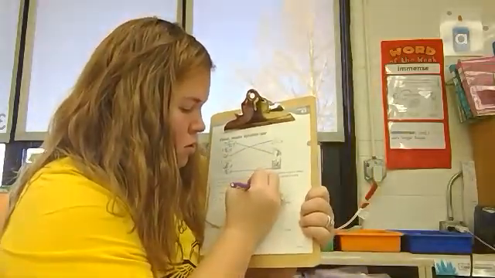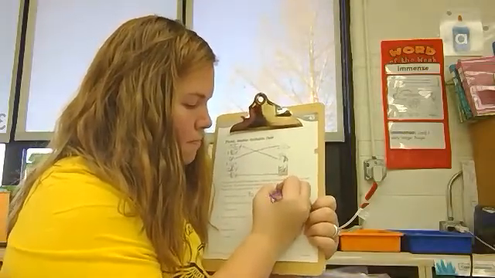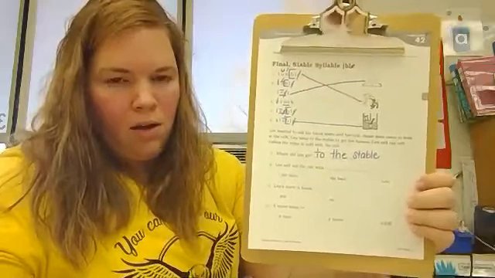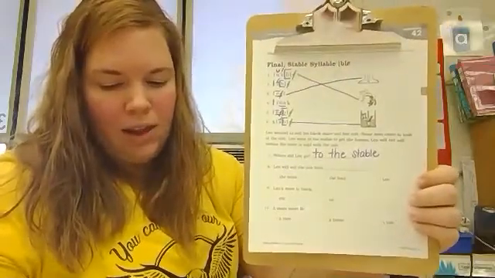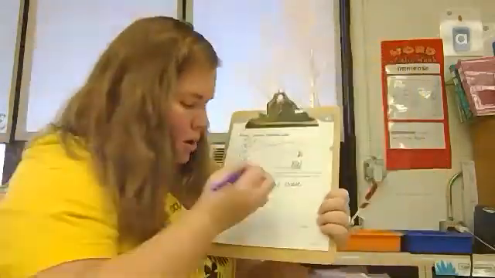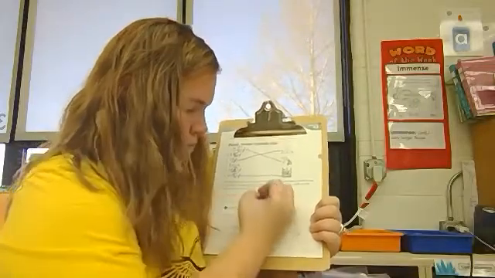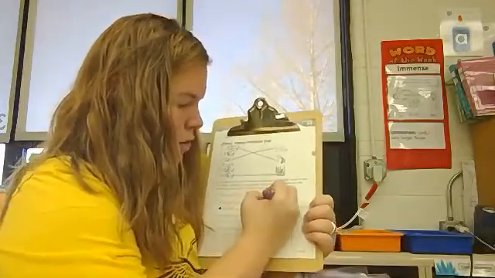Lynn went to the stable. Number 8, Lynn will sell the colt with blank. What will Lynn sell the colt with? The mare. Very good. I'm going to also write that on the line.